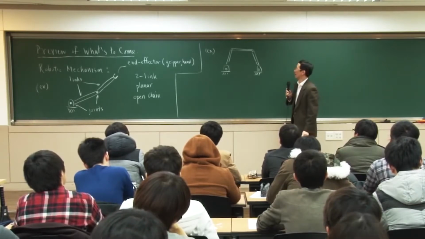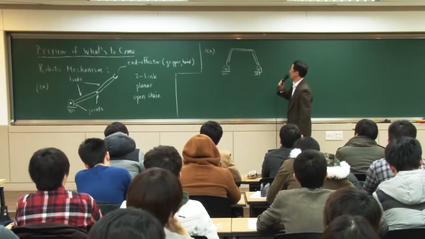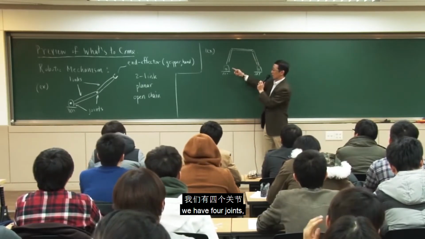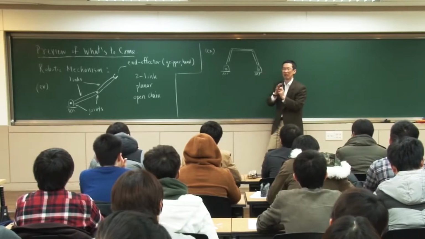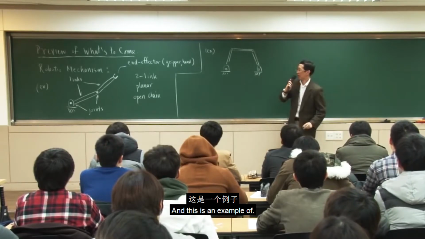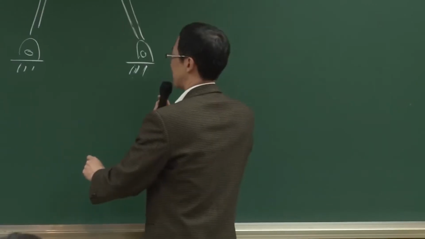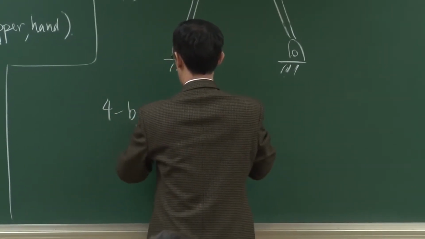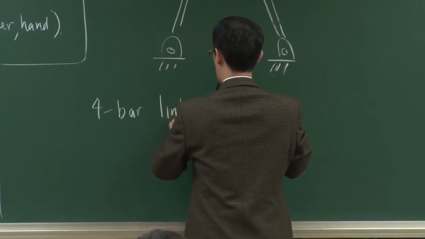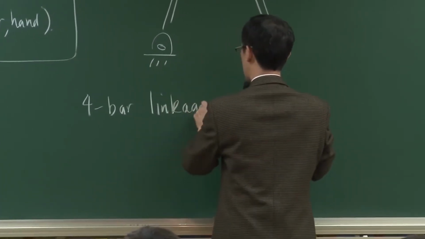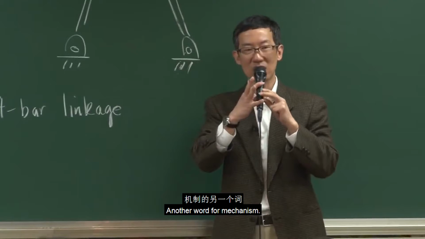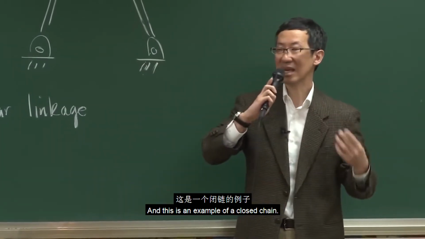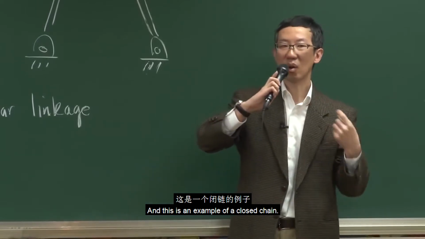Okay. So again, here we have 3 links, 1, 2, 3. We have 4 joints, 1, 2, 3, 4. Okay. And this is an example of, well, it's a 4-bar linkage. Okay, so a linkage is another word for mechanism. And this is an example of a closed chain.